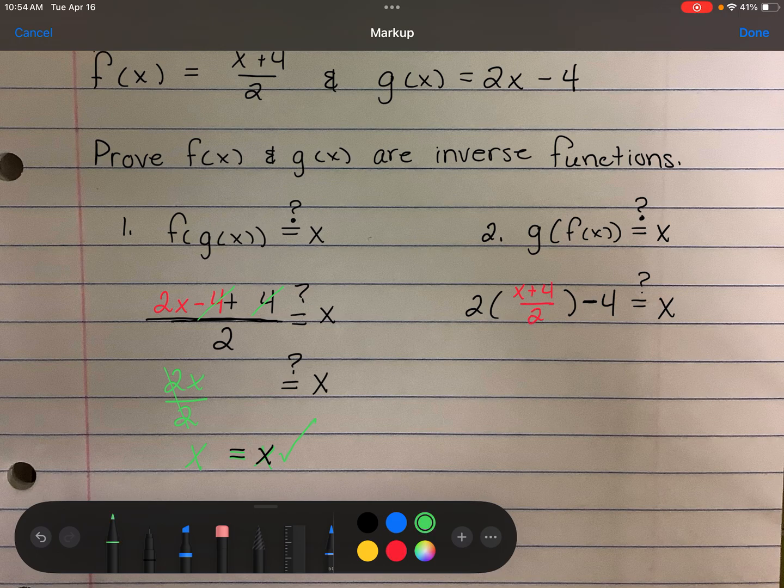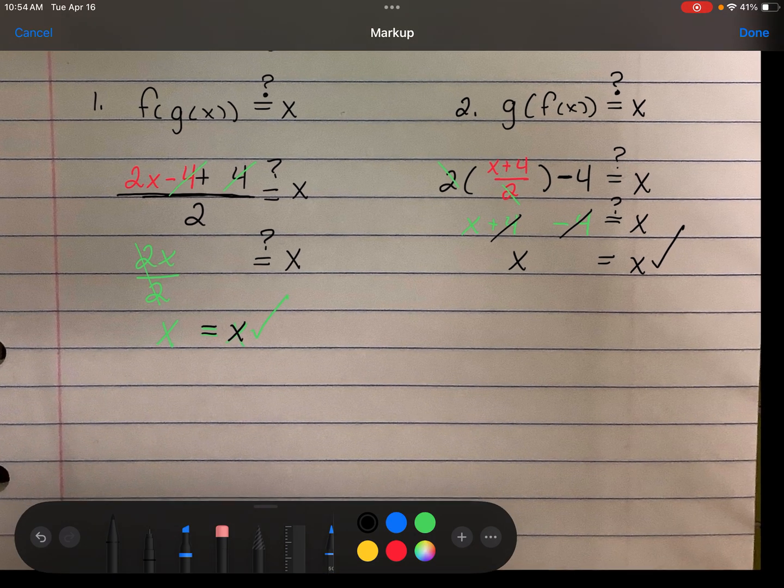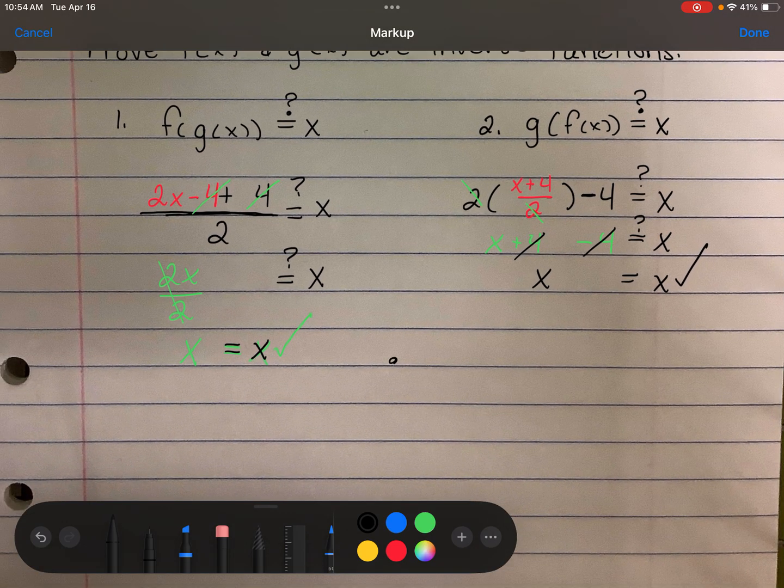When we go to distribute that 2 through the parentheses, the 2's just end up canceling, and we have x plus 4 minus 4. The 4's cancel, and we're left with x, which does equal x. So then we would say, therefore, f of x and g of x are inverse functions.